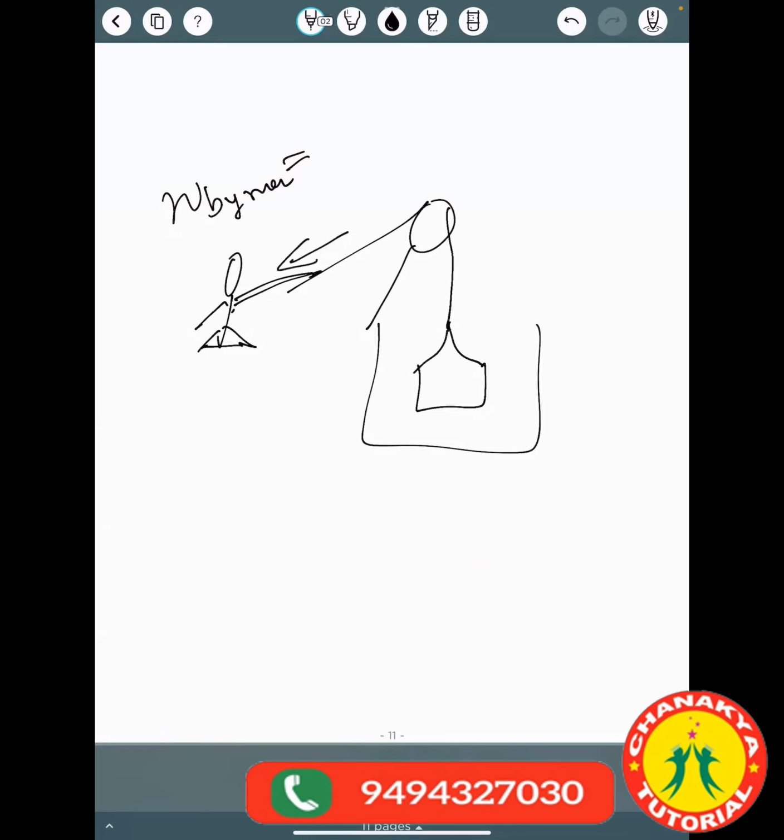Upwards, right? The same force is acting on the bucket, and the displacement of the bucket is also up. So the work done is positive, not negative. So it can never be negative.